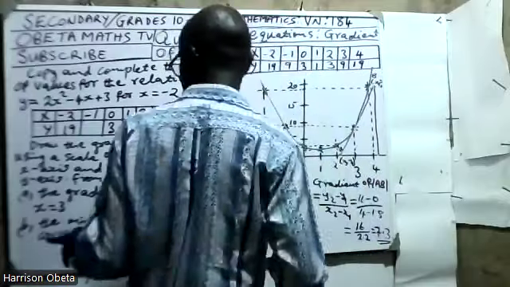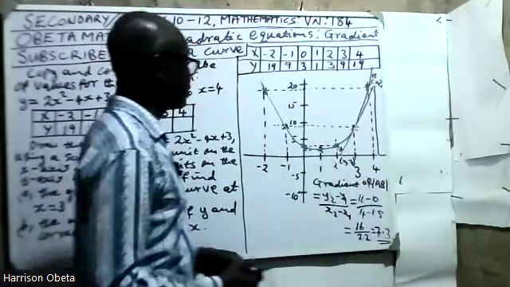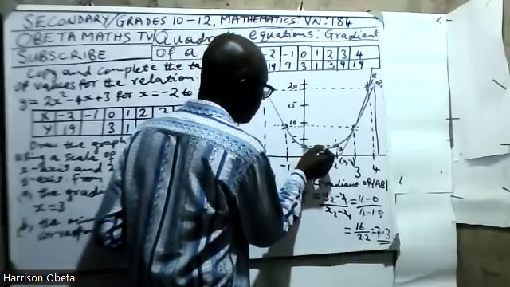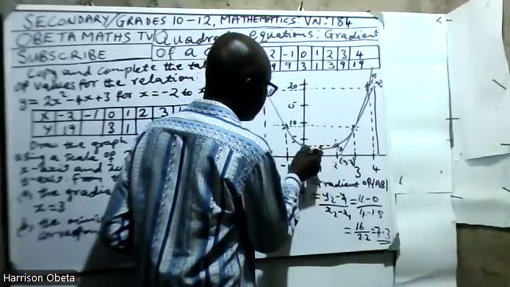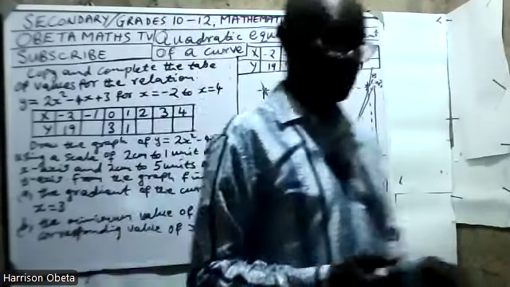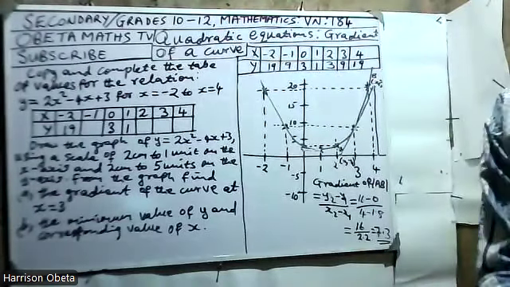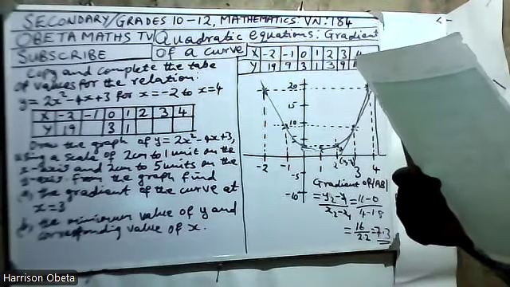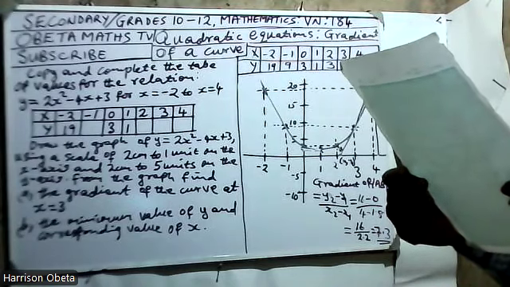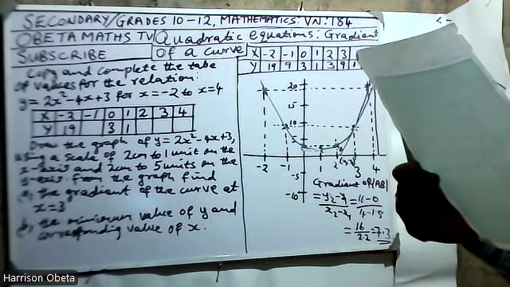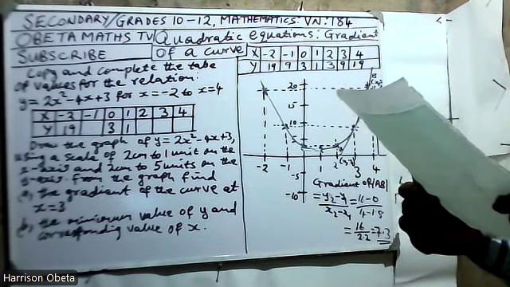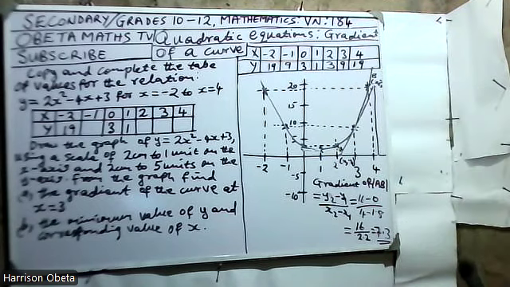Then we go ahead and check the minimum value of y and the corresponding value of x. The minimum value should be this last point. You trace it to the end here. So from my own answer, I had y equal to 1, while x also is equal to 1.